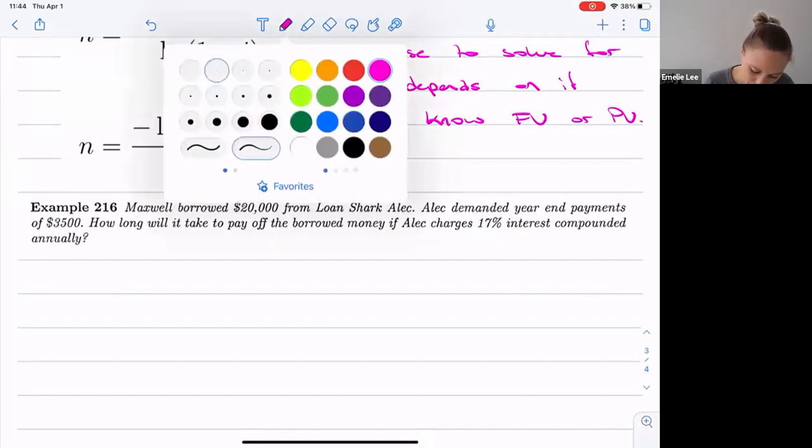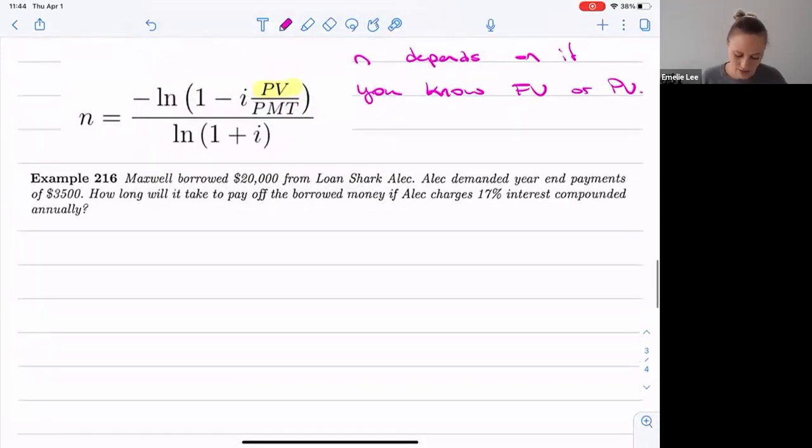Okay, so again, I want you to just take a moment, figure out what's your compounding frequency and what's your payment frequency. So we're making year-end payments. And I'm being really subtle about the year-end. In the next chapter, right, it's going to make a difference. Are these payments at the end of the year or at the beginning of the year?